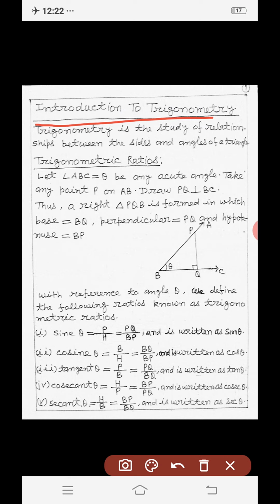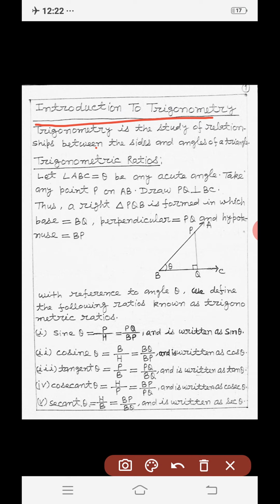In this chapter, we will study some ratios of the sides of a right triangle with respect to its acute angles called trigonometric ratios of the angle. We will restrict our discussion to acute angles only. However, these ratios can be extended to other angles also.